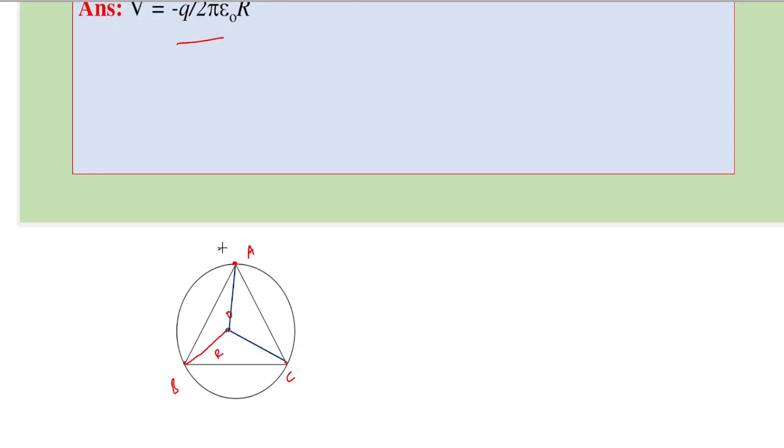The charges are plus Q, minus Q, and minus 2Q. Again here, the potential would be the sum of the electric potentials because of the charges kept at point A, then point B and point C. It is equal to KQ by capital R, this is minus K 2Q by capital R, this is minus KQ by capital R, because here the charge is minus Q. This and this get cancelled.